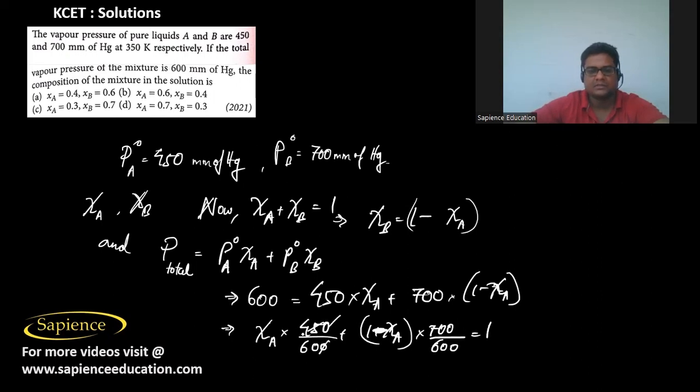The zeros cancel, 15 threes are 45, 15 fours are 60, so 3 by 4, and 7 by 6. So this will be 3 chi A by 4 plus 7 by 6 minus 7 by 6 chi A, equal to 1.